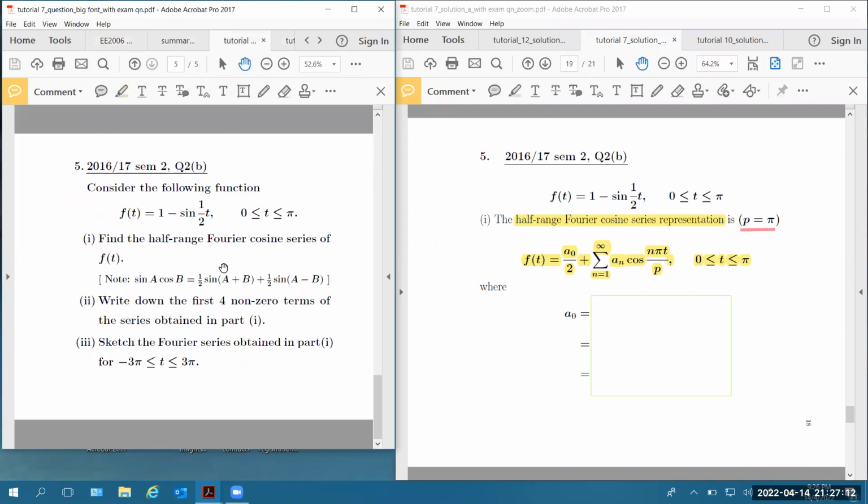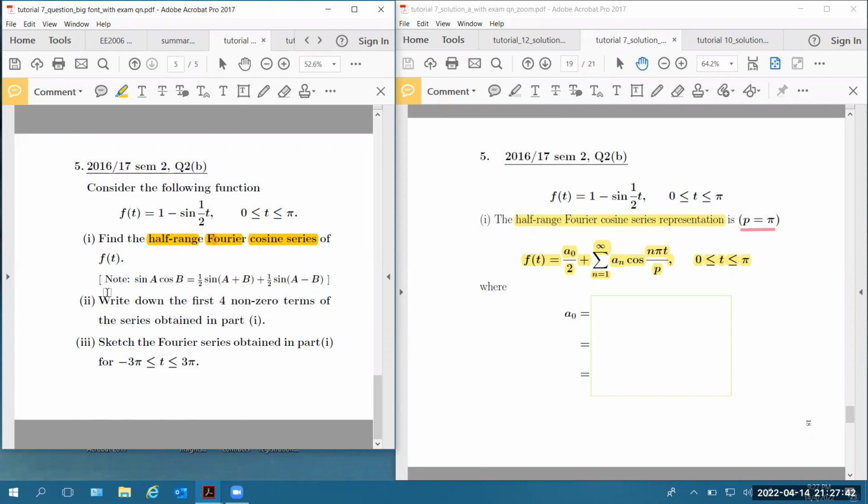Yeah, this one is the question. Okay, so consider the following function. So your f(t) is like that, t from 0 to pi. What do we want? So we want to find the half range Fourier cosine series of f(t).